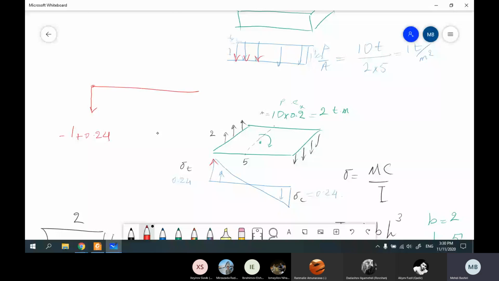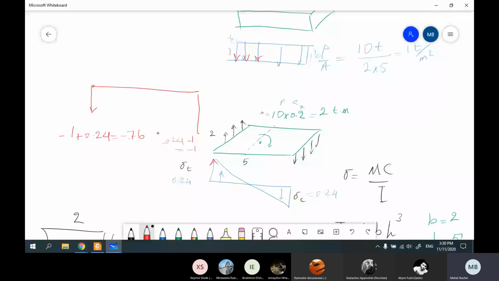What is this here? Minus 1 and minus 0.24. So in here the answer is minus 0.76. The answer here is 1 minus 1.24.